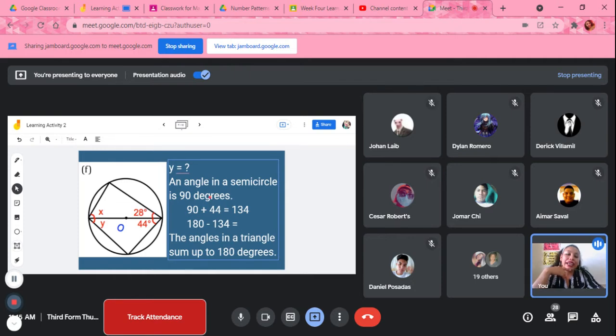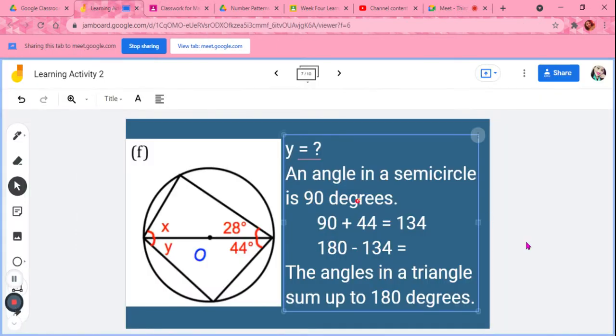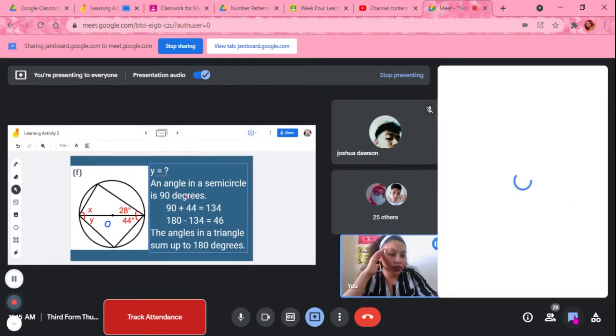Send it in the chat, guys, because I think it's the internet here at school, so I can't hear you. So 46. And then my reason would be the same: the angles in a triangle sum up to 180. Okay, very good.